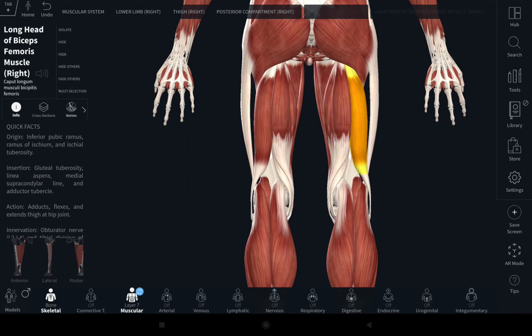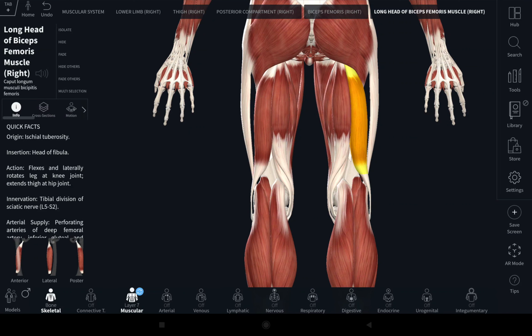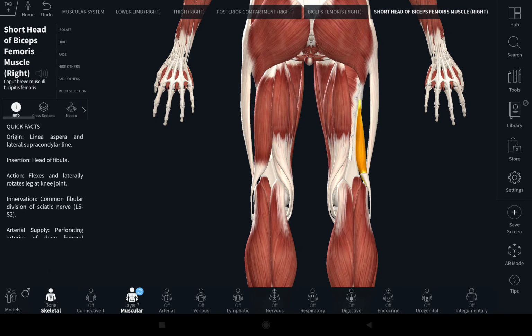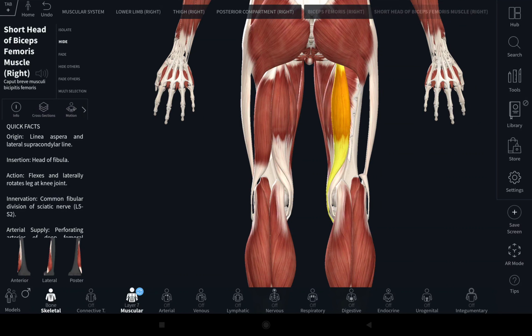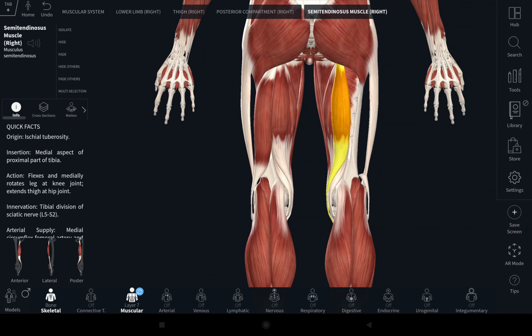So we now remove the biceps femoris muscle, long head, then short head. Now the semitendinosus muscle and semimembranosus muscle have been exposed. We remove them.